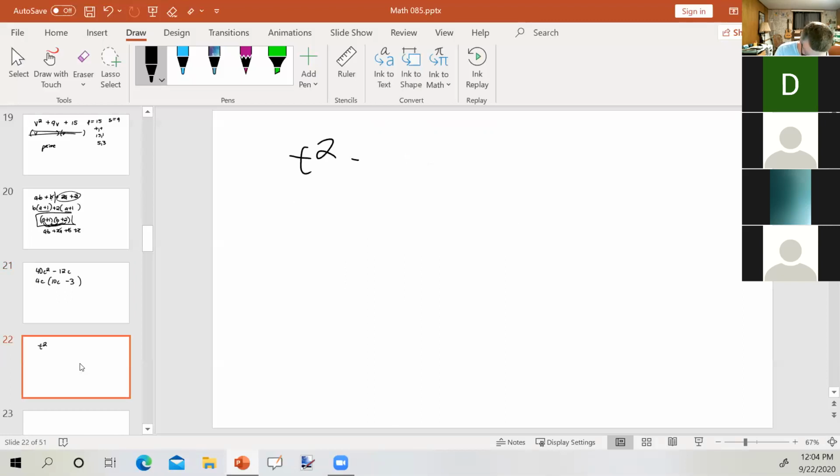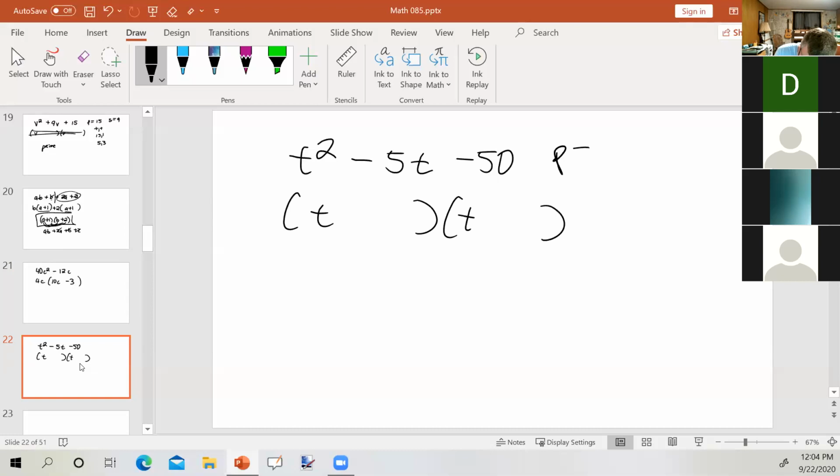T squared minus 5t minus 50. So here we have a trinomial in standard form. It has a leading coefficient of a 1. So we've got a t and a t and a product and a sum. What's the product got to be? Negative 50.